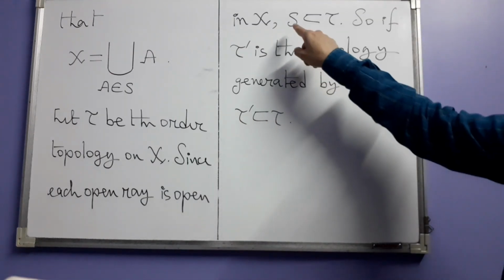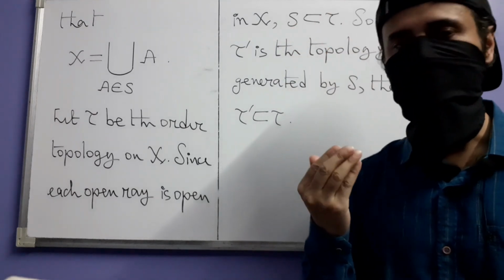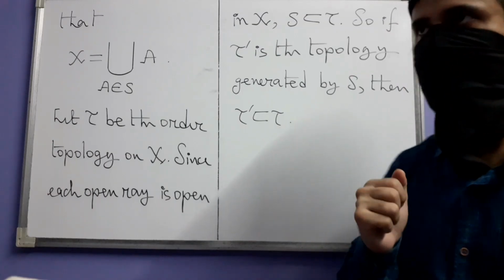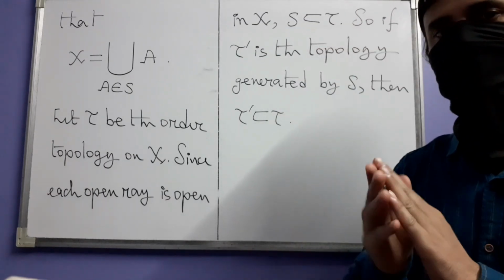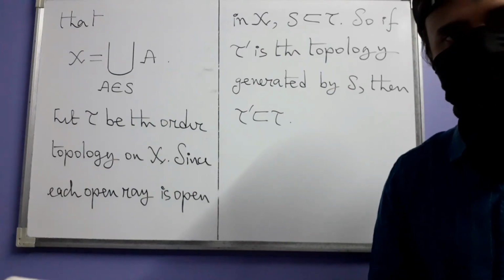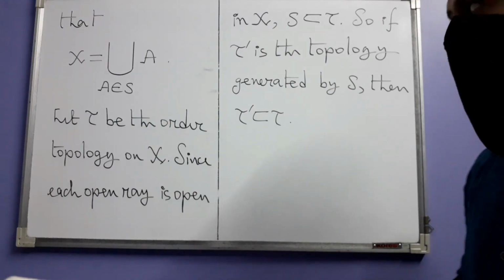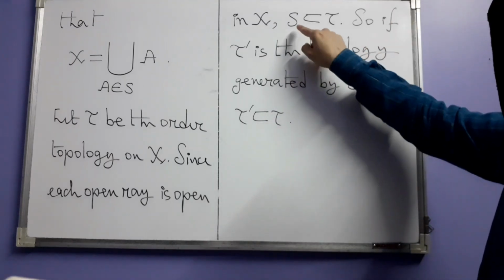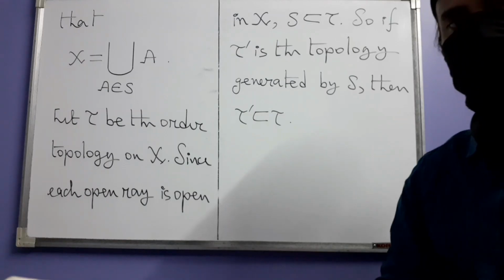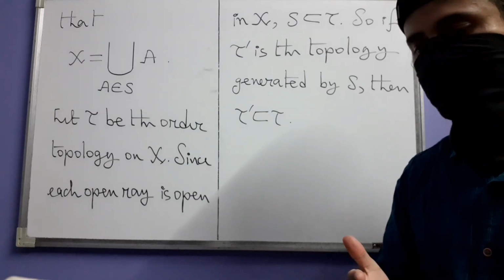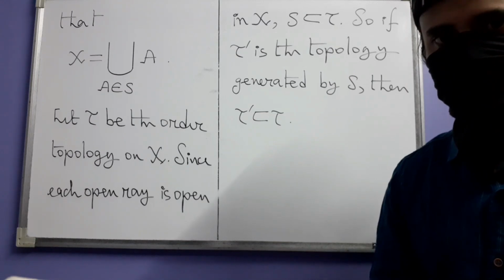Well, because S is contained in tau, so if you take finitely many elements of S, after all they are in the topology tau, so their intersection will also be inside tau as an element. That is because tau is a topology. So all finite intersections of elements of S are inside tau. And then you take arbitrary unions of those finite intersections.